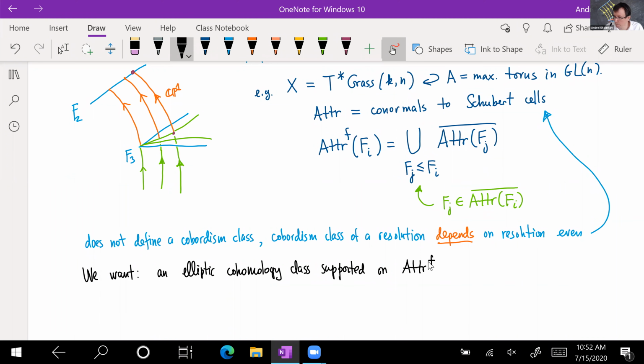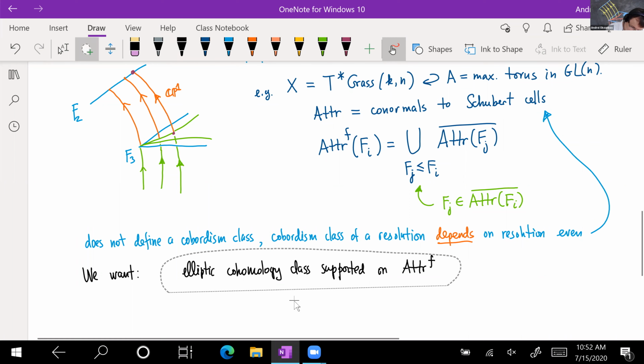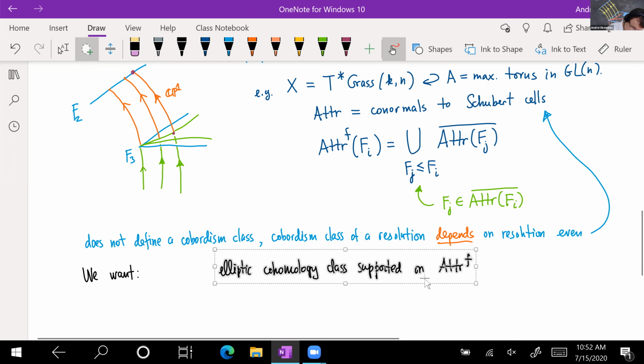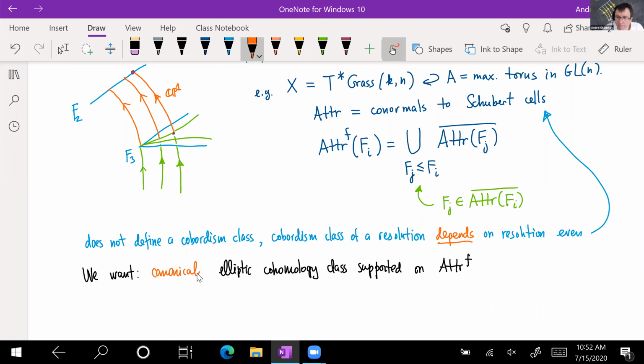Somehow canonical. Of course there are some, but we want a canonical one.